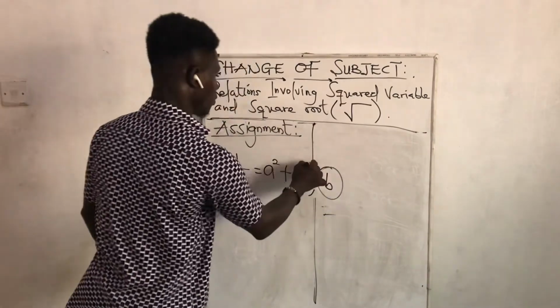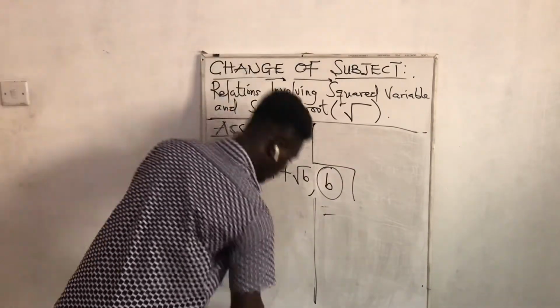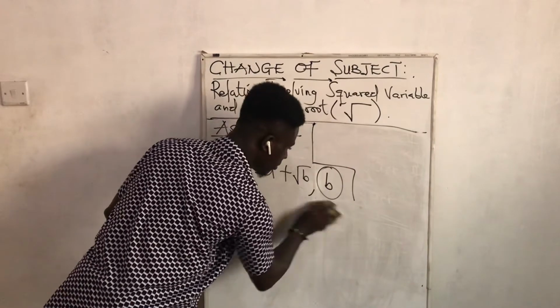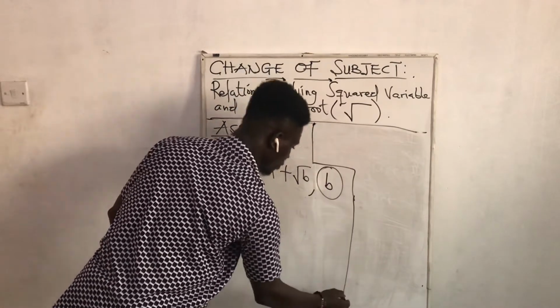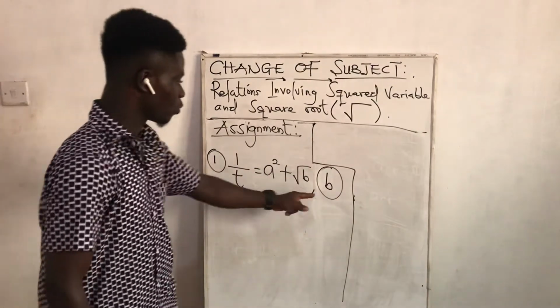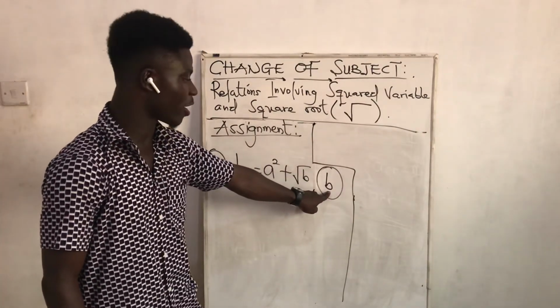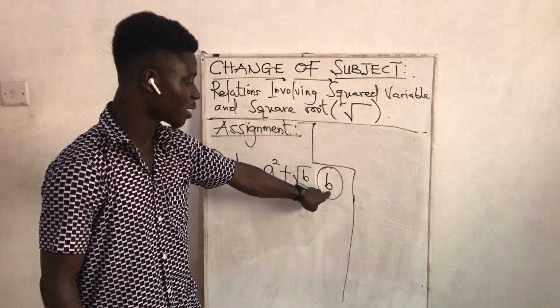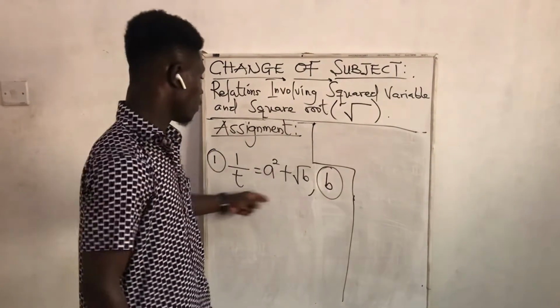Here, we are to make b the subject. If I circle a variable, it means we are to make that variable the subject. So now I've circled the variable b. So we are to make b the subject of this relation.